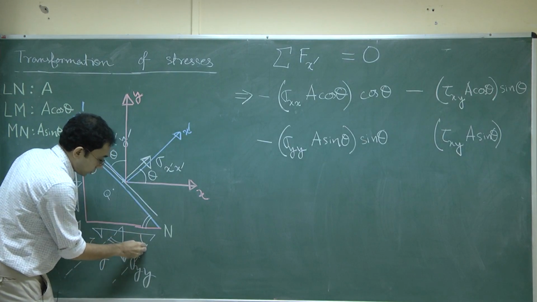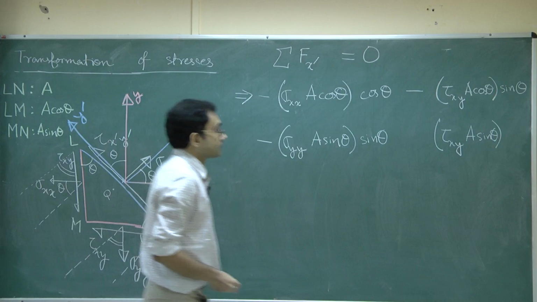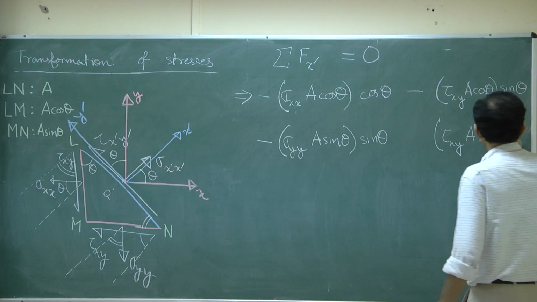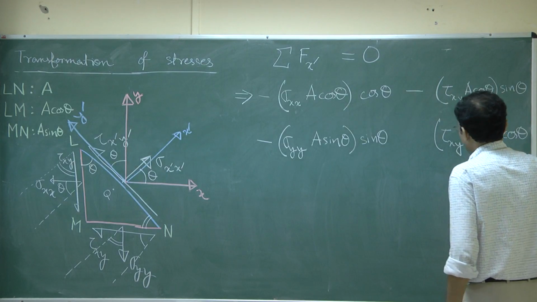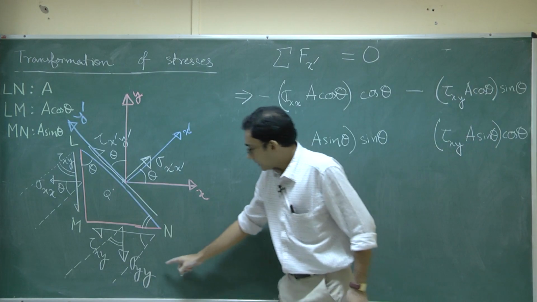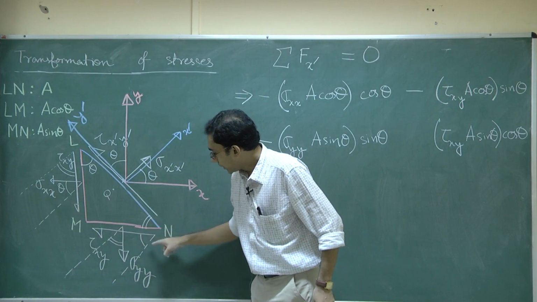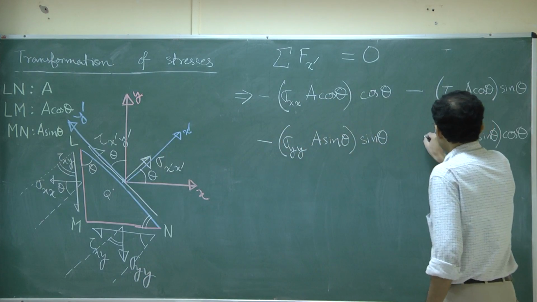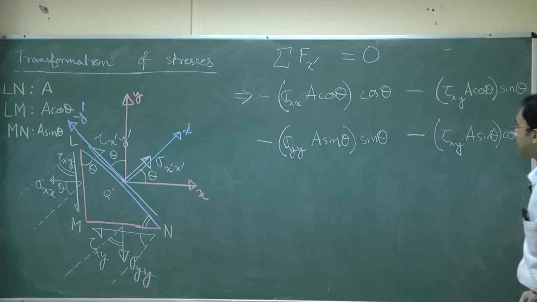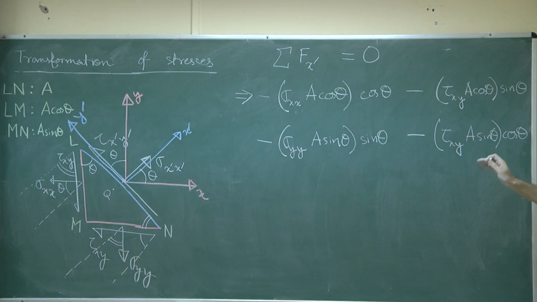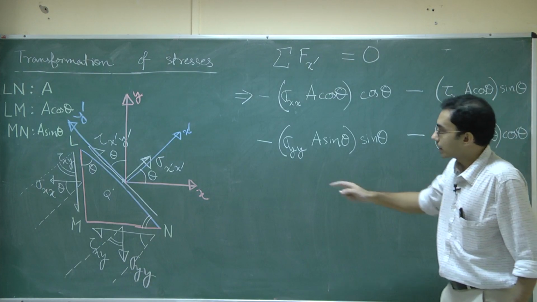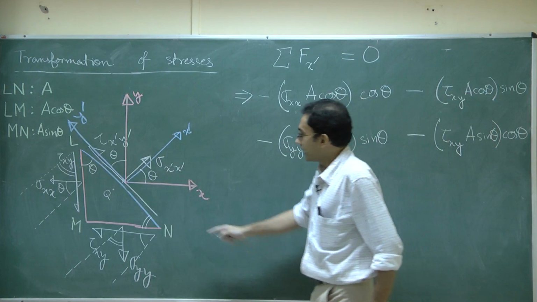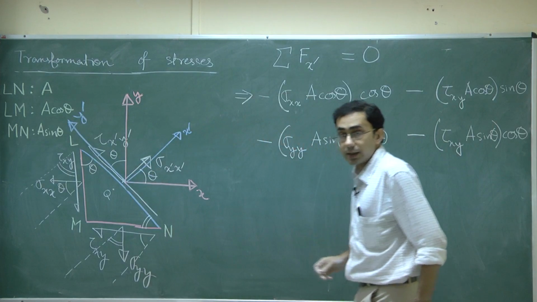So, that basically comes out as theta. So what we can write here is directly cos of theta. And finally, when we are taking the component of this along this dashed line, it is again along the negative x dash direction. So this is coming with a minus. So we have written down the various force components considering Lm and Mn, but we have not yet considered this Ln edge. So let us write down that.